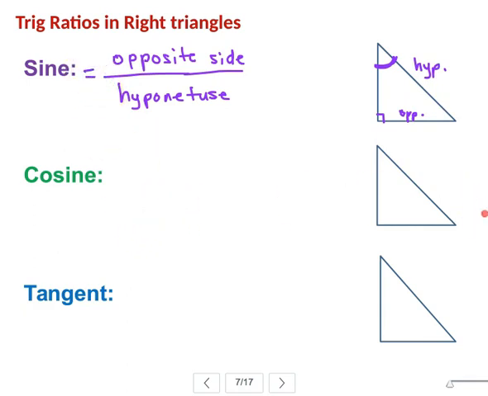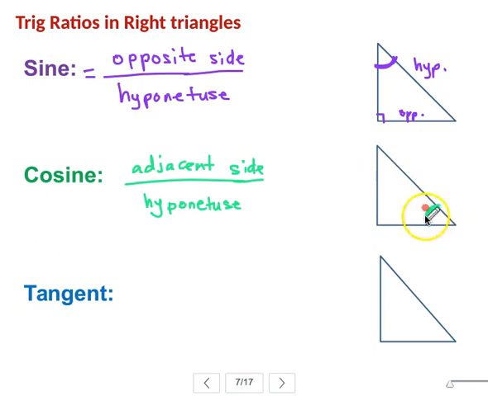The cosine is, if we choose a reference angle, it's going to be the adjacent side to that angle, whichever one we choose, compared over the hypotenuse. So we can choose this angle as our reference angle, but let's say we choose this one.